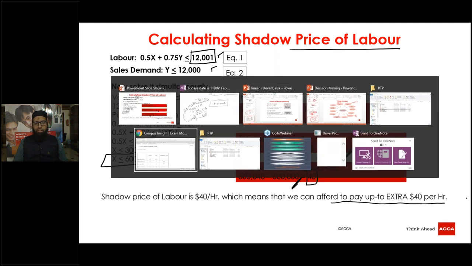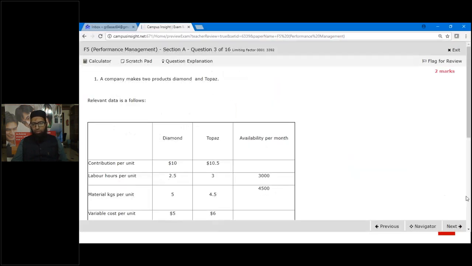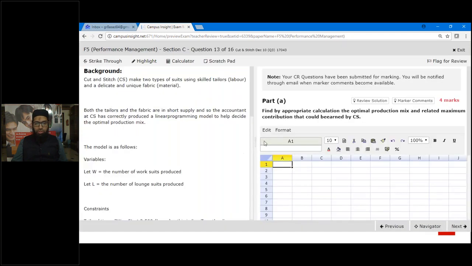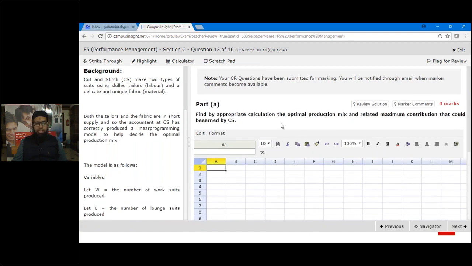So this is it for the day. Tomorrow, I will be moving on to the day 2 questions. And if I can open it, this is a question of linear programming. So tomorrow I will start with discussing this question.